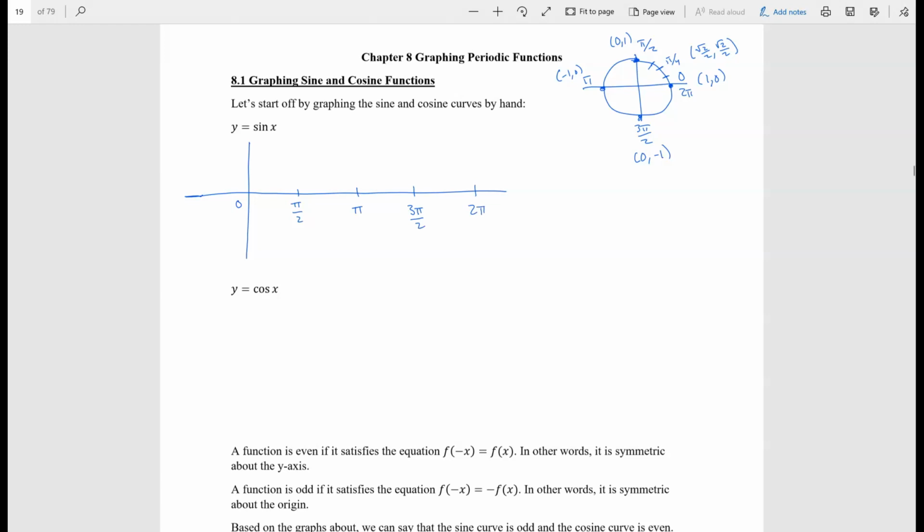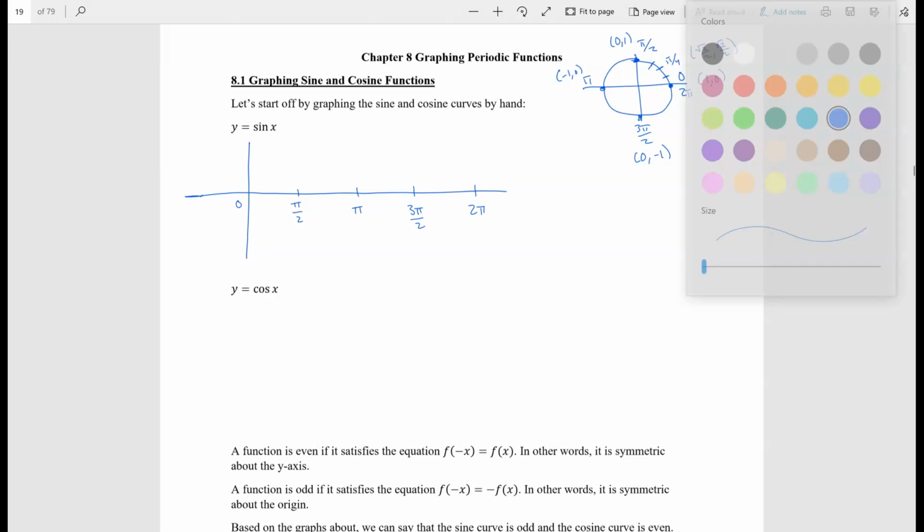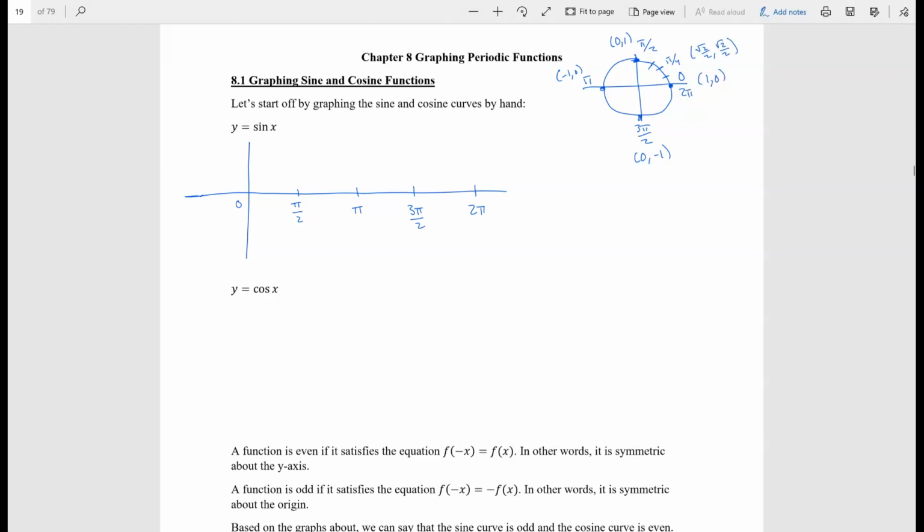Now, remember that the sine function is always going to be the y-coordinate in the unit circle. So basically, when you are at 0 radians, your y value is going to be 0. So basically, the sine curve is going to start at the origin. Then when we move to pi over 2, so here we're right here at 90 degrees, your y value is now going to be 1.